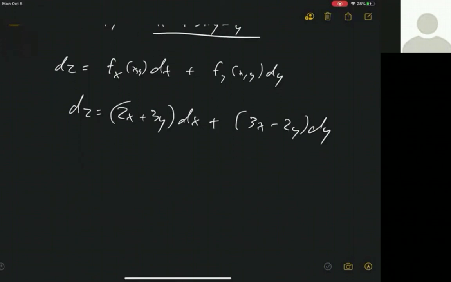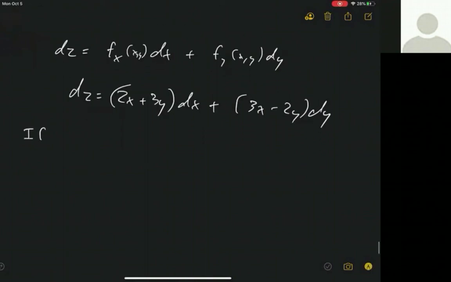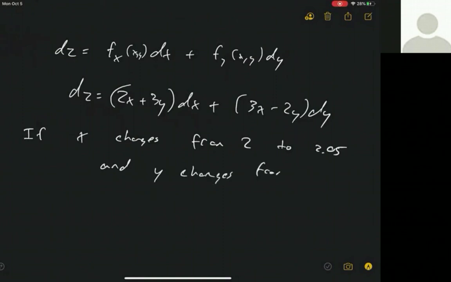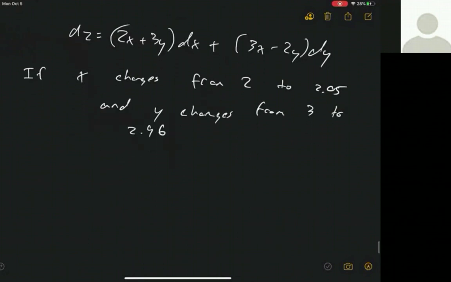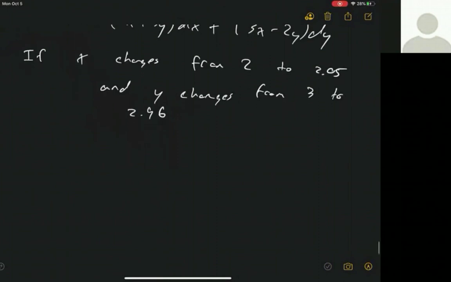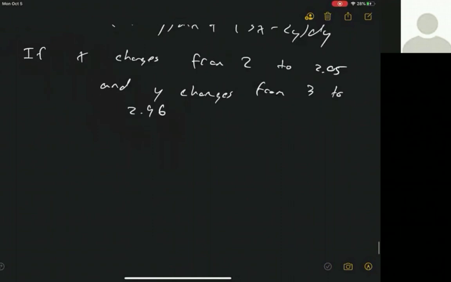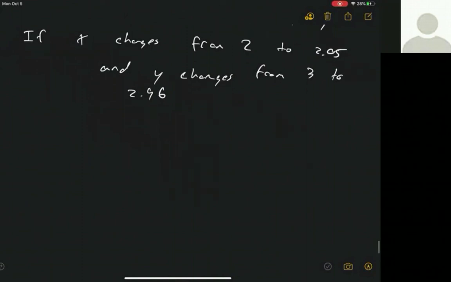And then part B goes on to say, okay, if x changes from 2 to 2.05 and y changes from 3 to 2.96, they actually ask you to compare delta z and dz.